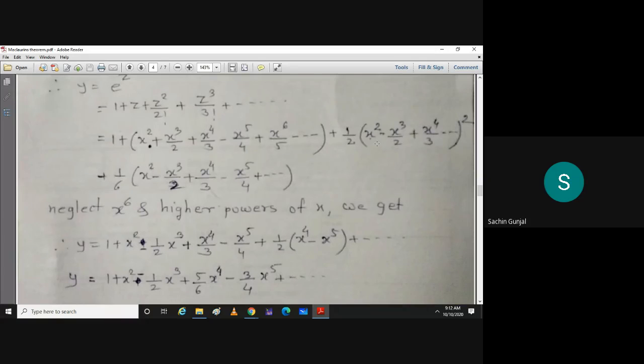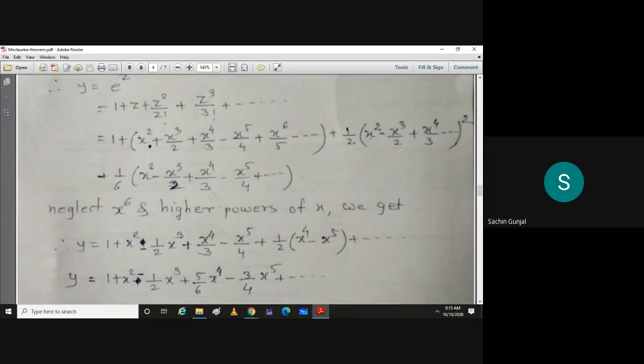If you add them, you will get minus 3 by 4, right? So everybody understand that the coefficient of x raised to 5 is minus 3 by 4.